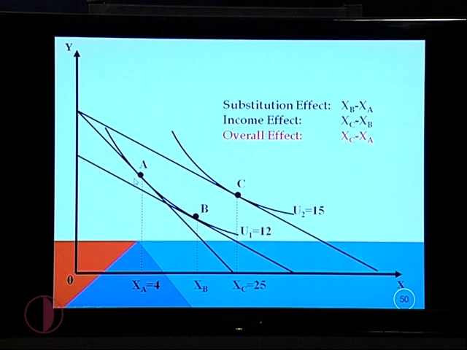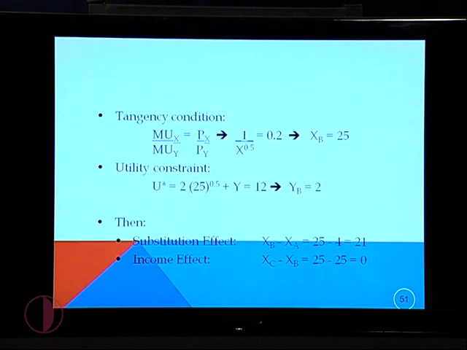Then we are shifting from A to B, then B to C, because the expected overall effect is XC minus XA. The income effect is XC minus XP, as you observe here on B, and the substitution effect is XP minus XA, which shifts the equilibrium to the next level, or let's say to the optimal bundle.